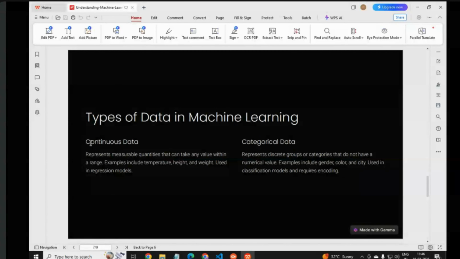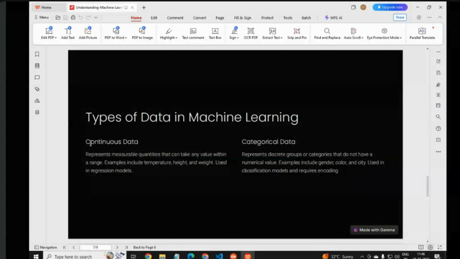Zero is also a number, a numerical data, continuous data. It comes under interval.